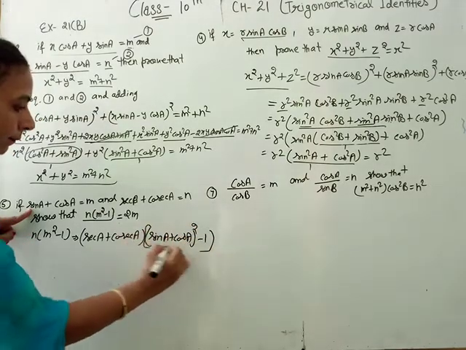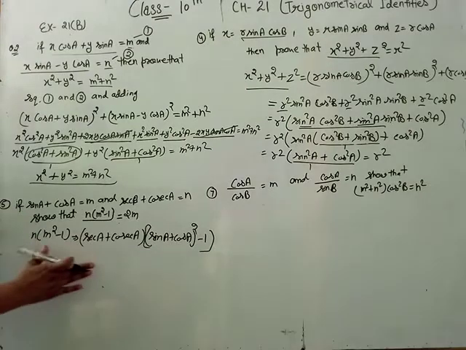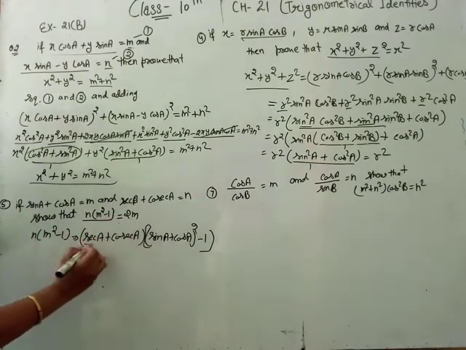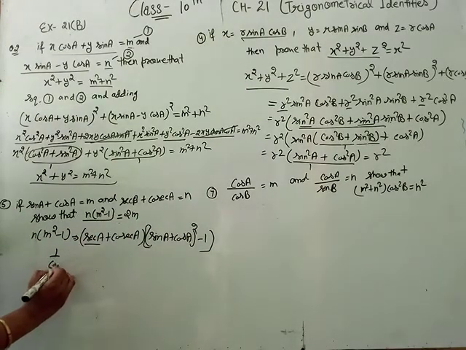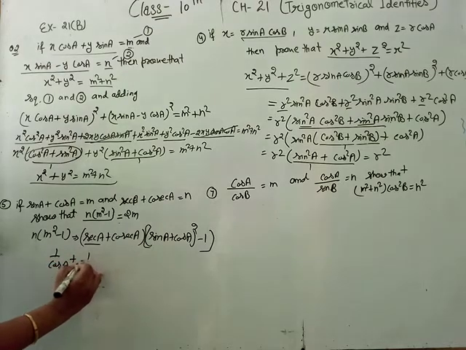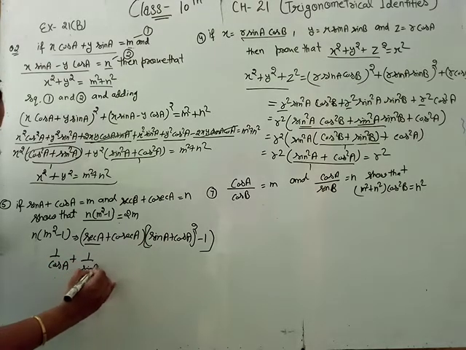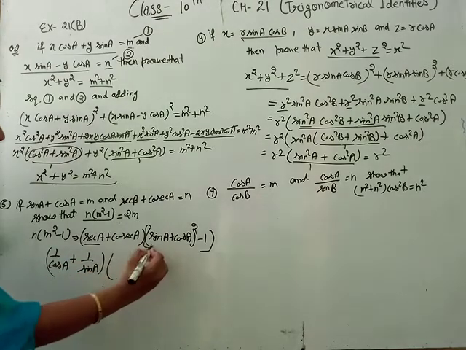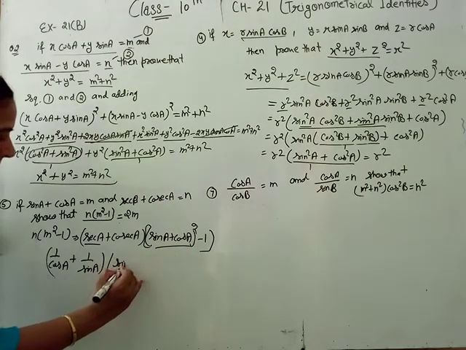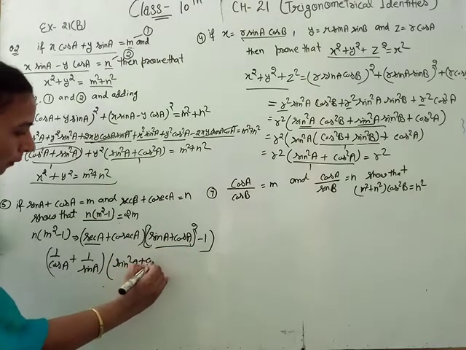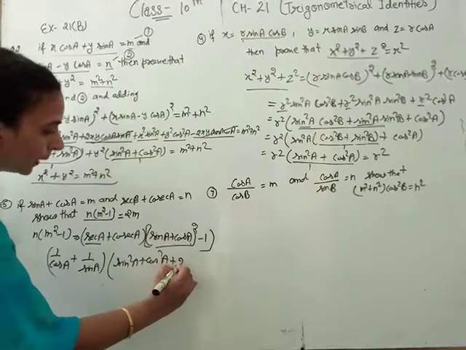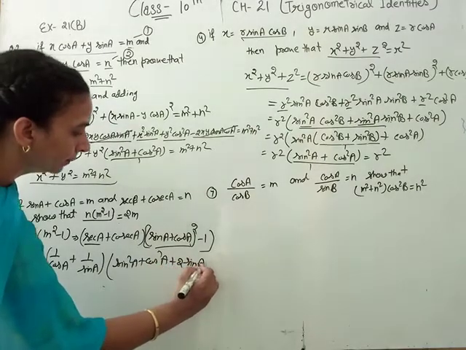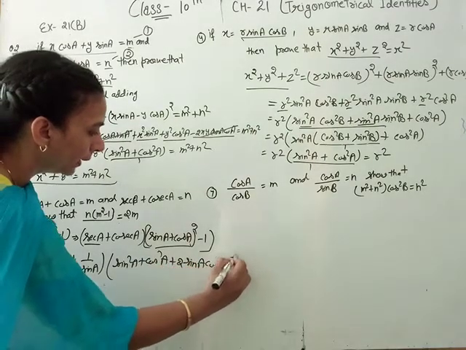Secant is 1 by cos, cosecant is 1 by sin, into the square expansion: sin square a plus cos square a plus 2 sin a cos a minus 1.